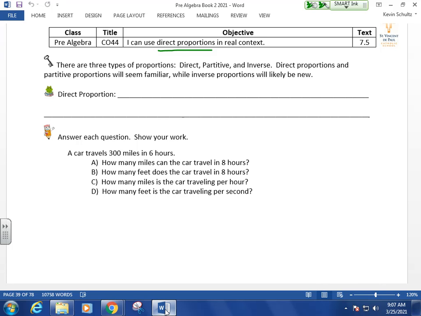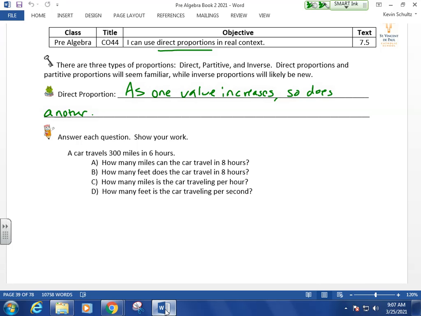And a direct proportion is as one value increases, so does another. Okay? As one value increases, so does another.